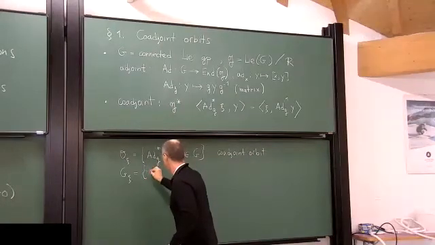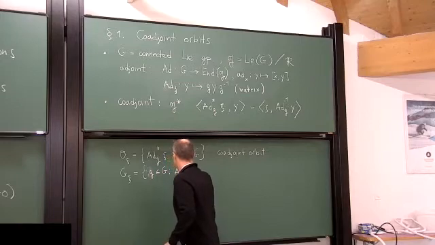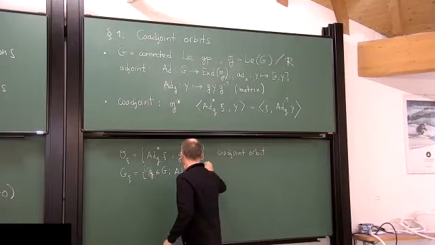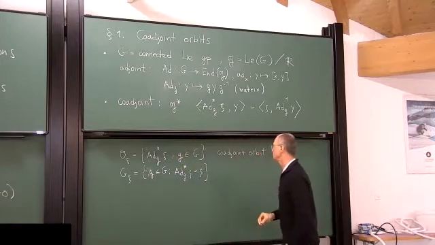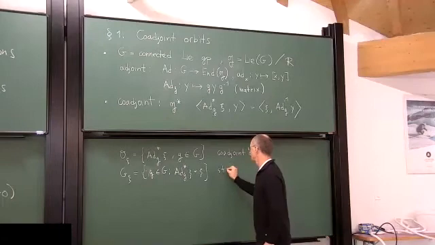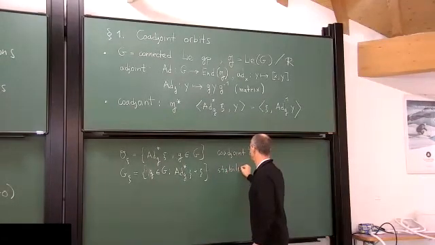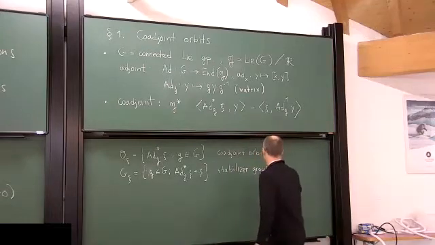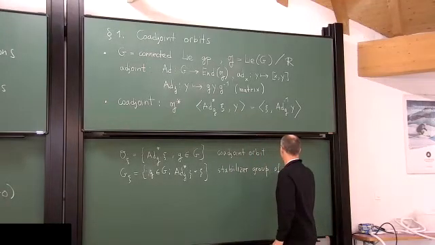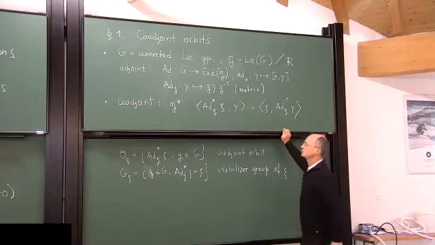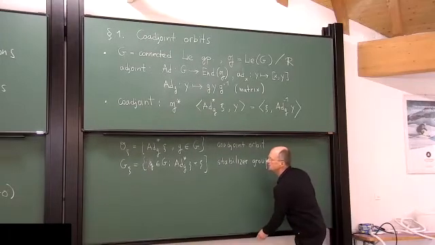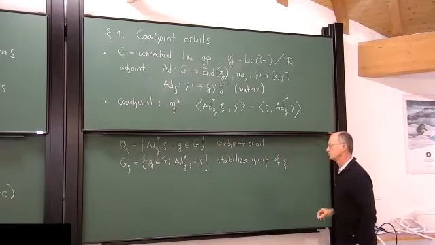These are elements of G such that the coadjoint action preserves the point psi. So that's the stabilizer subgroup of psi. You can do that for any action, but we'll be interested in that for the coadjoint action.